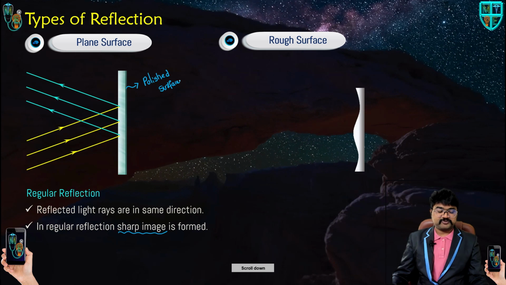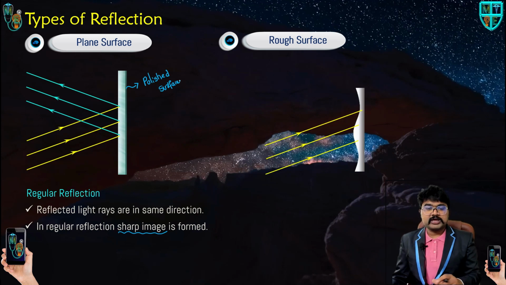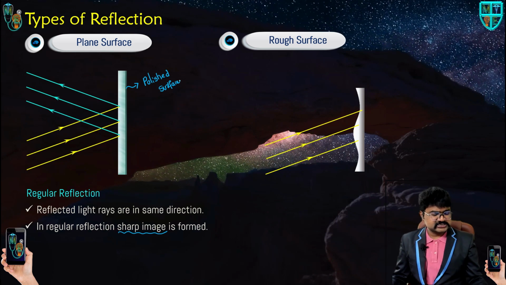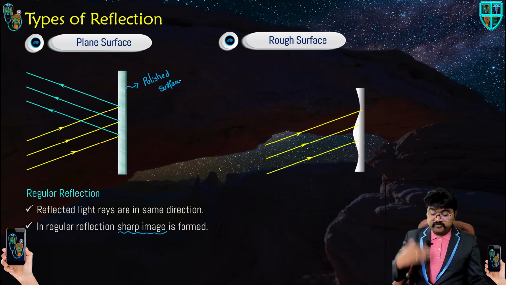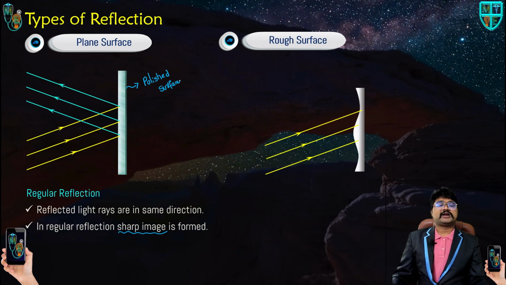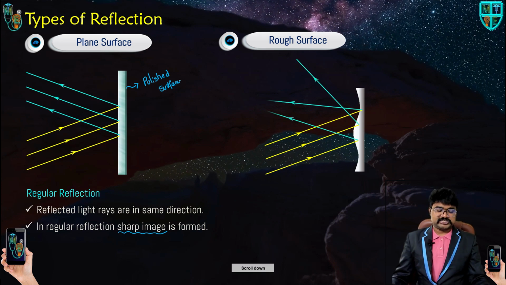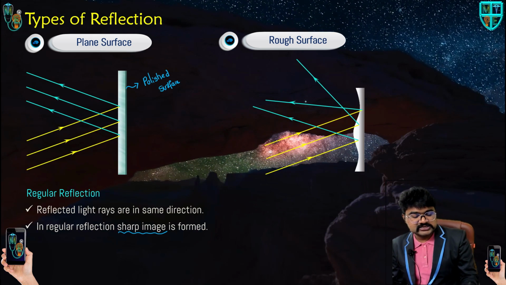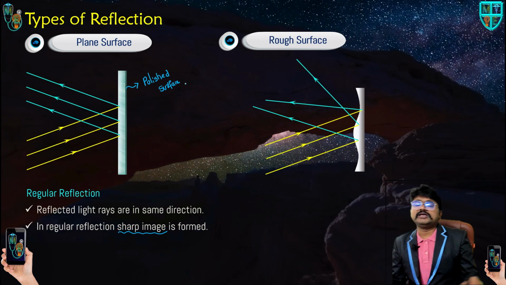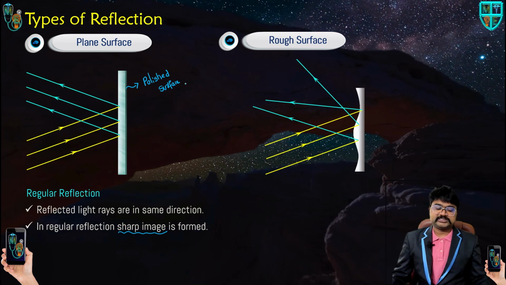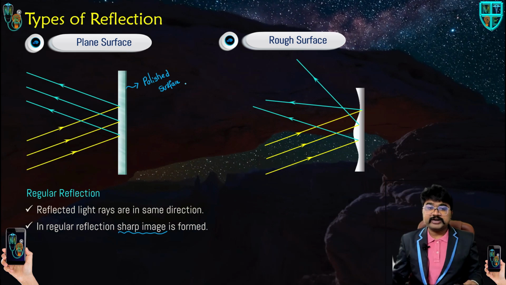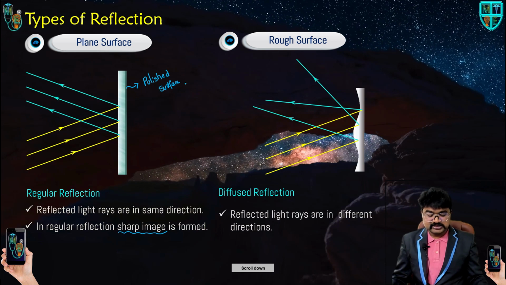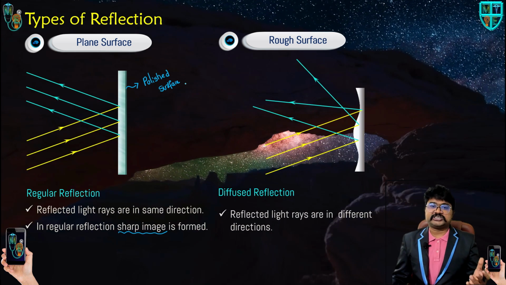If it is a rough surface, all incident rays are parallel, but all reflected light rays are not in the same direction. See here, this light ray is reflected in this direction, this light ray in this direction. It is purely a surface phenomenon. If it is a rough surface, the reflected rays will be like this. So you can write, this is the diffused reflection.